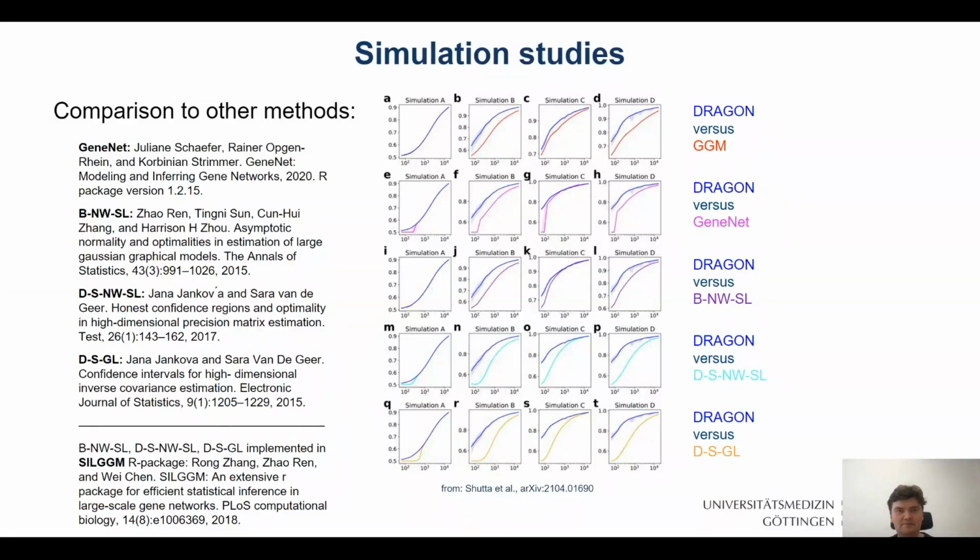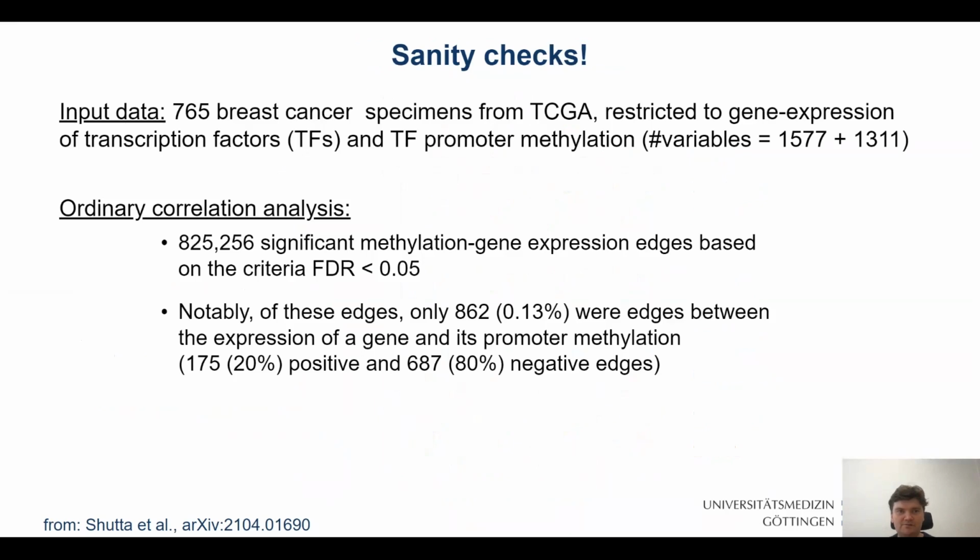I'd like to present you now an example analysis. There we considered breast cancer specimens from TCGA. First, I'd like to give you some sanity checks, which also emphasize how a partial correlation analysis can improve compared to a Pearson correlation-based analysis.